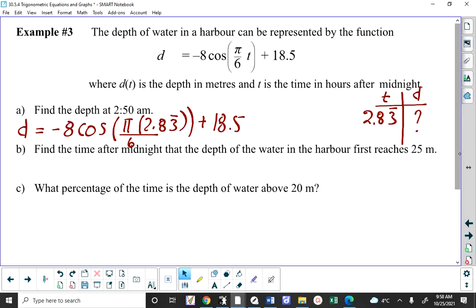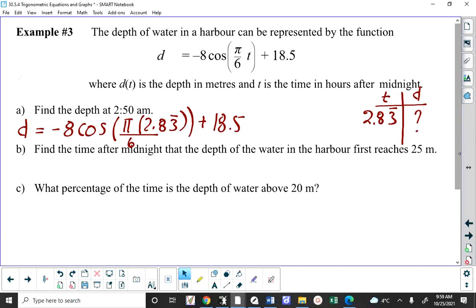I know it's 26.5, but I'm saying if we go up to 30, that should be sufficient. We could start at 0. We don't have to start at the minimum. But 18.5 minus the amplitude of 8 would take us to 10.5. So the maximum is 26.5. The minimum is 10.5. We want to set our window settings up to reflect that range. I'm going to go 0 to 30. That'll do it. You could go 10 to 30.